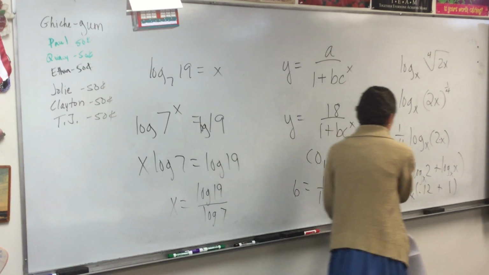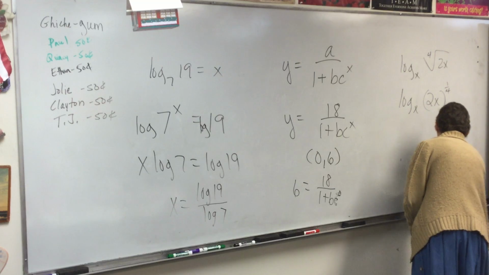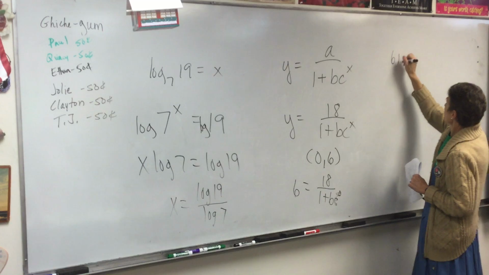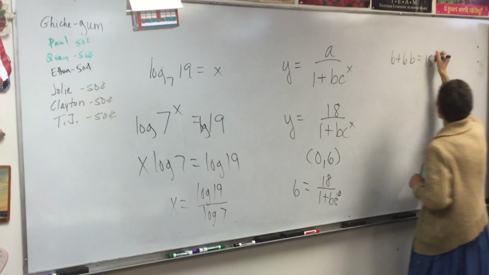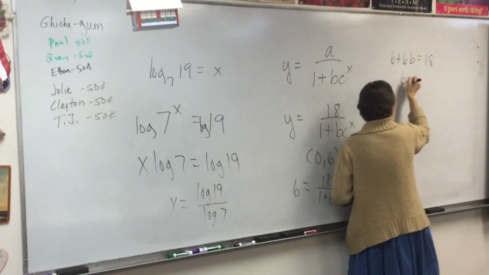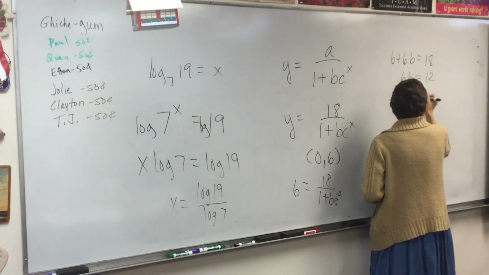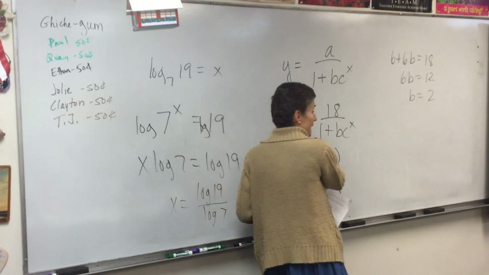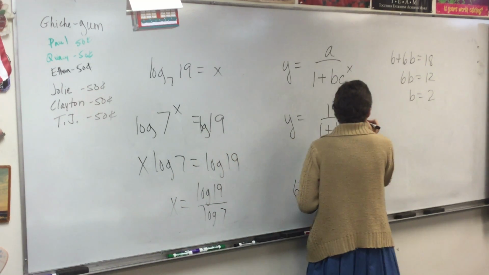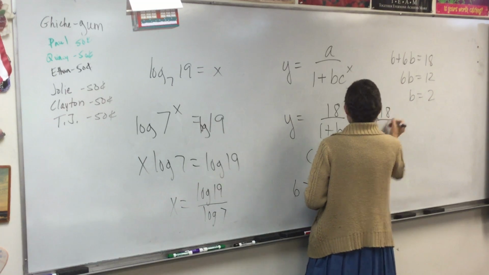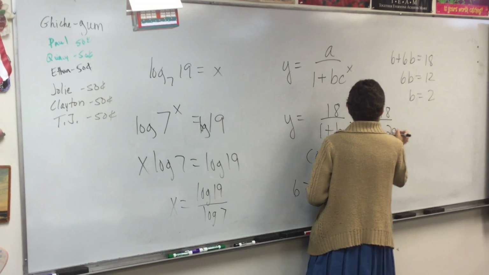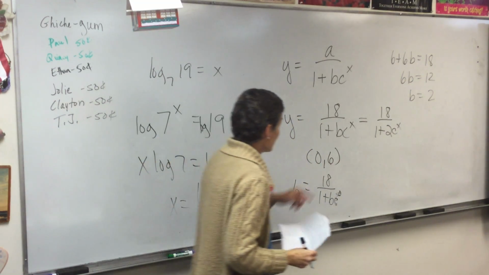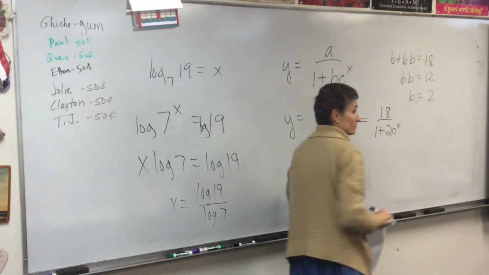So then how do I start solving? Multiply and distribute. So 6 plus 6b equals 18. So 6b equals 12 and b equals 2. So now I have 18 over 1 plus 2c to the x, because now I know b is 2.